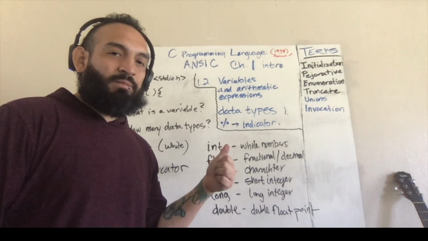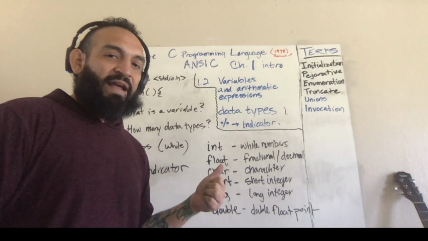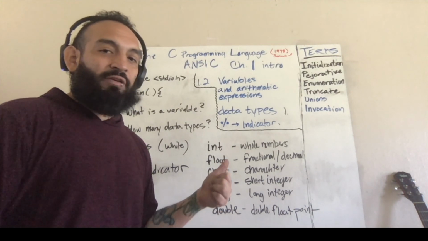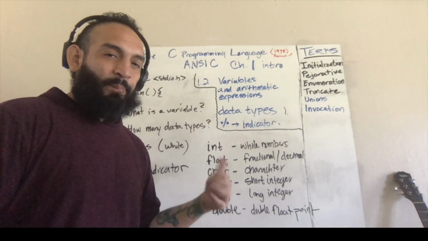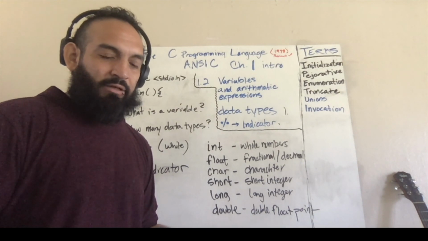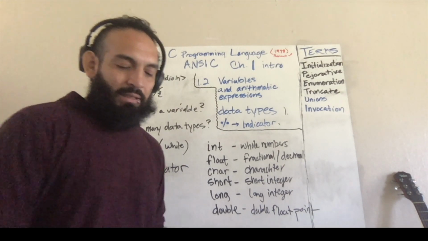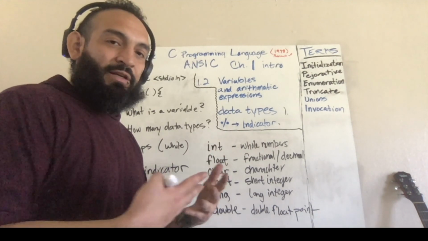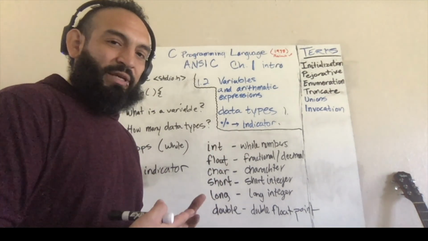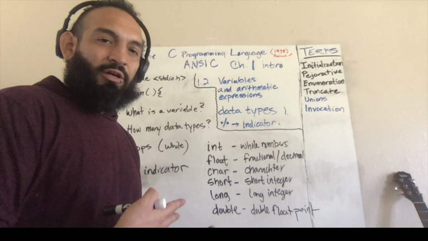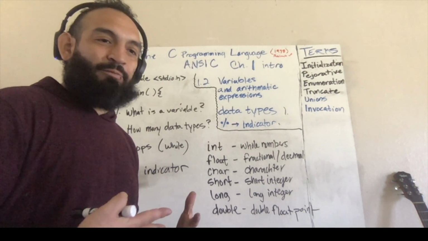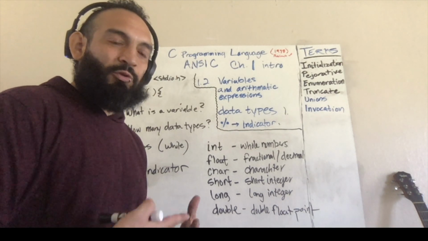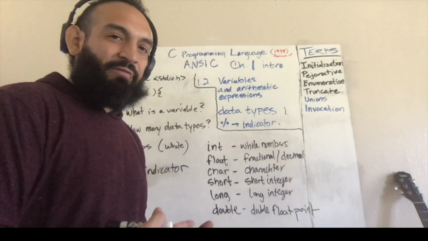An integer, a fractional number, a character, a string character: 1 byte. Okay, 1 character is 1 byte, and that's what the difference is. Each one has a reserved amount of space. A short integer versus a long integer: the long integer is going to have more space available to store information within that variable. Okay.